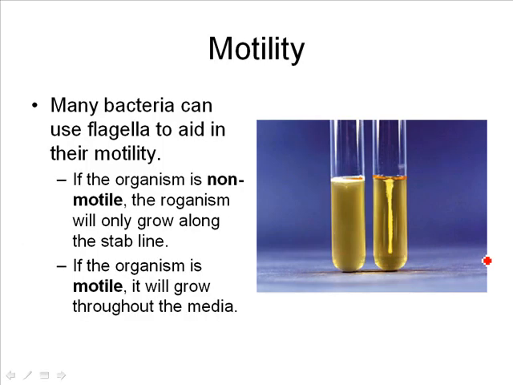The last process we can look at using SIM media is motility. Now remember, bacteria use flagella in their motility. If an organism is non-motile, the organism will only grow along the stab line. Now one thing to keep in mind is that SIM media is a solid media.